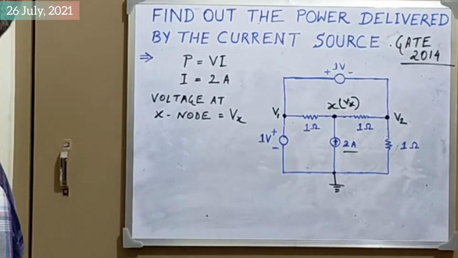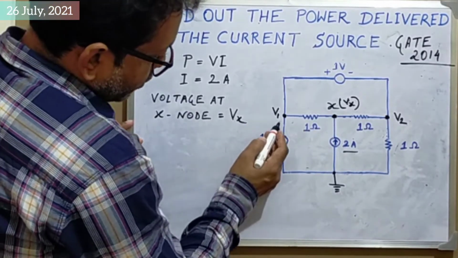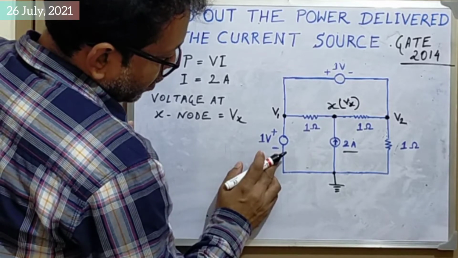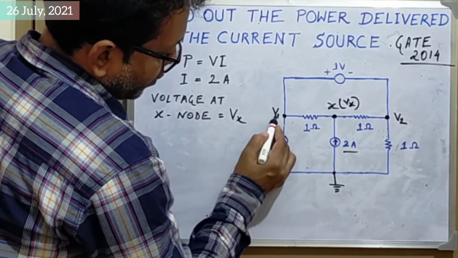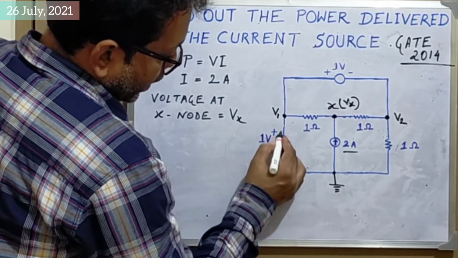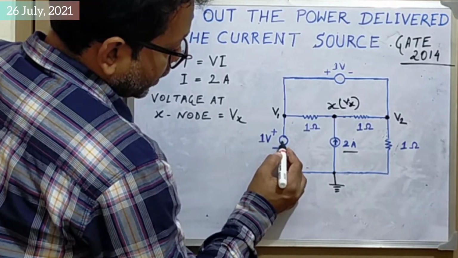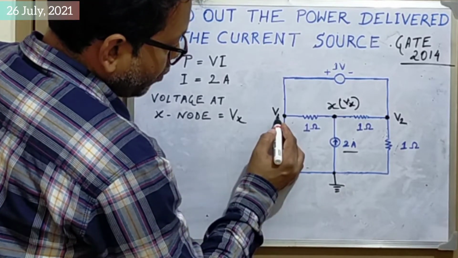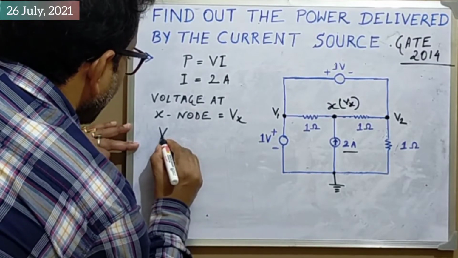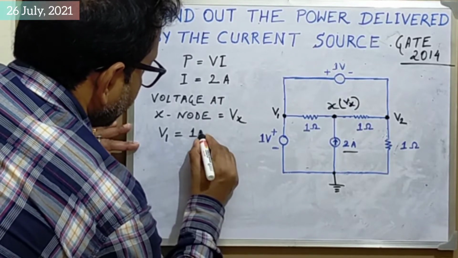Clear? Now from this diagram it is clear, for this branch 1 volt is applied. So this node is having V1 voltage and this node is having 0 voltage, and in between these two nodes 1 volt is applied. Thus easily we can say that V1 is nothing but 1 volt. So here V1 equals 1 volt.